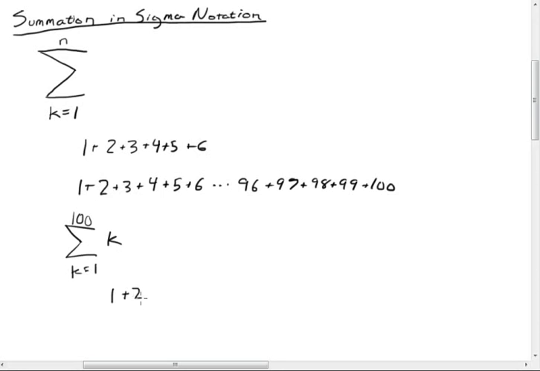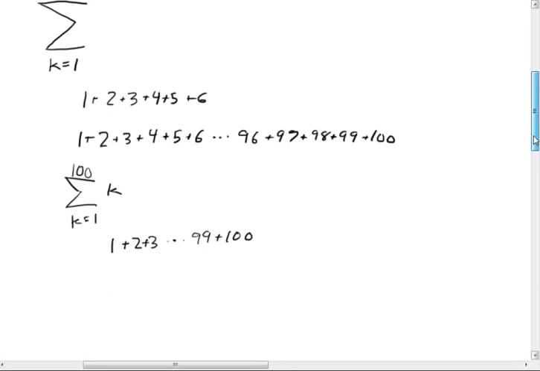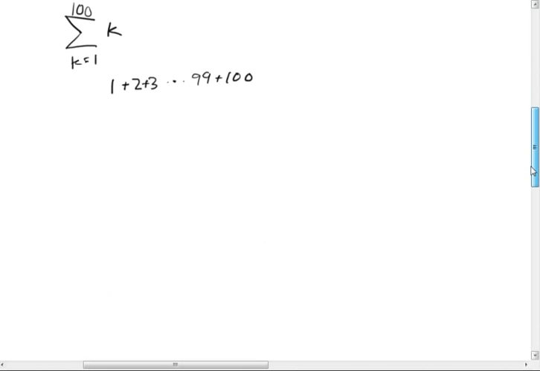And it sums whatever this is, so plugs in 3, plus 3, and then it goes all the way out, 99, plus 100. So it goes on like that. And this becomes important in calculus with calculating Riemann sums.